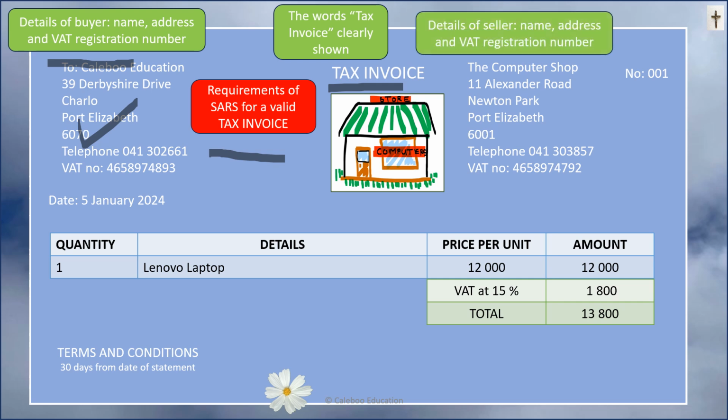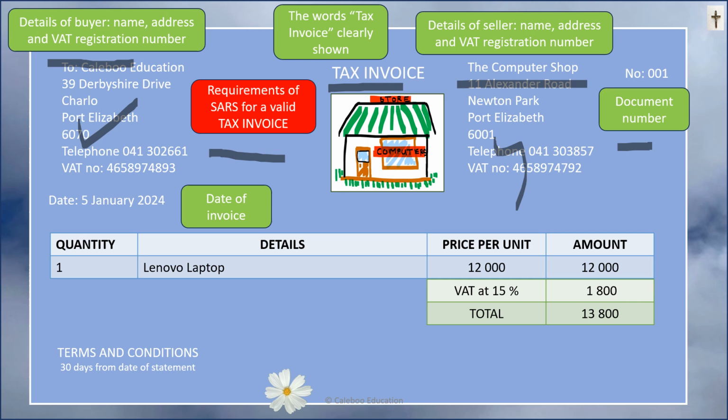The details of the seller, that's our supplier, the computer shop, all need to be there with the VAT registration number. There must be a document number, the date the transaction took place, and the quantity of items being sold.